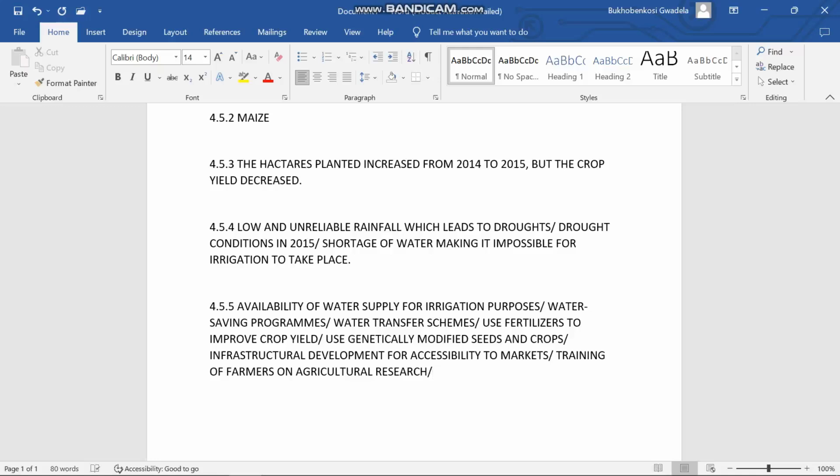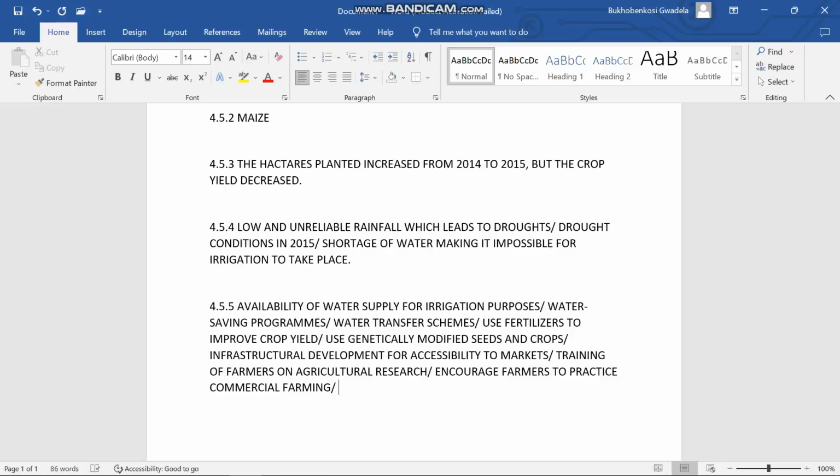Also encourage farmers to practice commercial farming rather than only practicing subsistence farming.